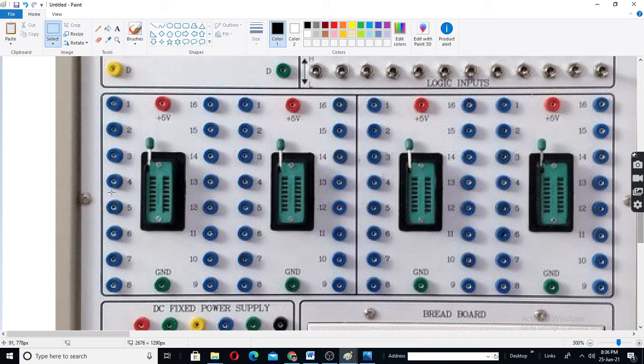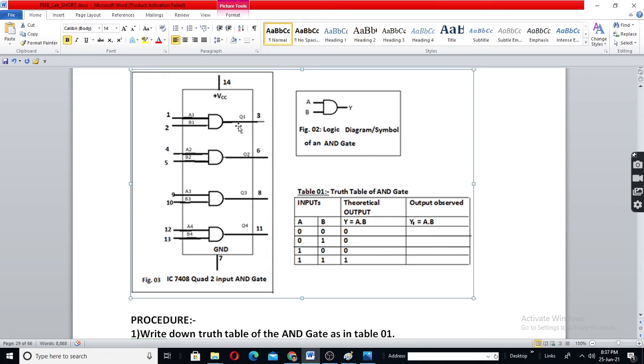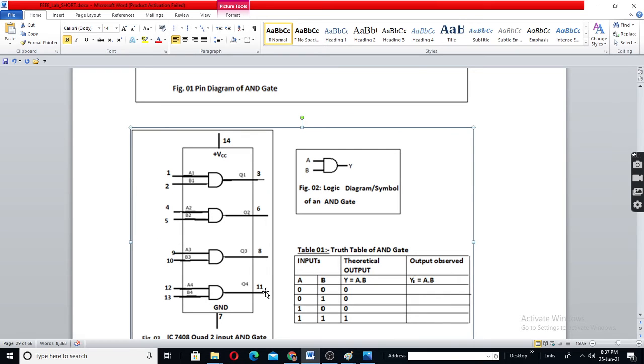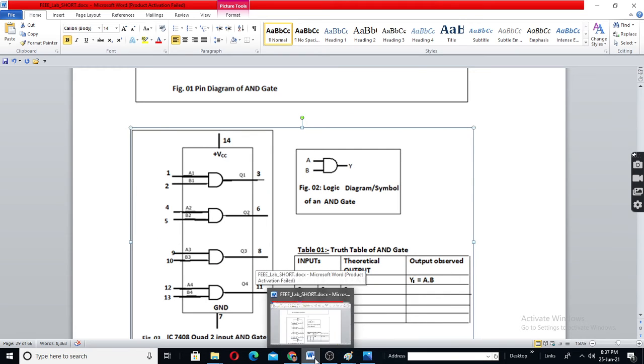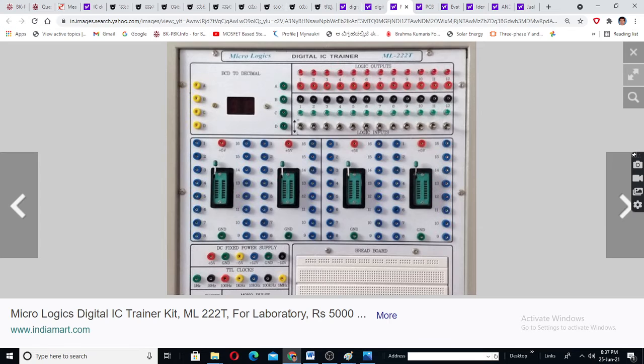1, 2, 3, 4, 5, 6, 7. Actually, this is a 16 pin IC socket. Ours is 7408, means a 14 pin IC. See, our IC is 14 pin. So what you have to do is insert it there and then leave those two pins.